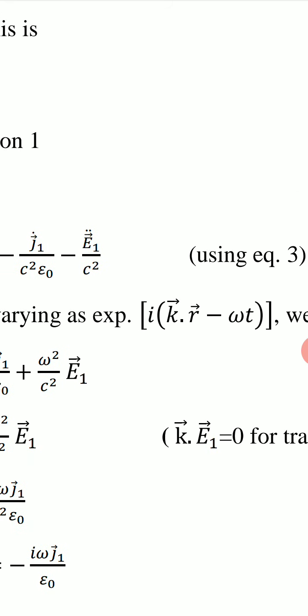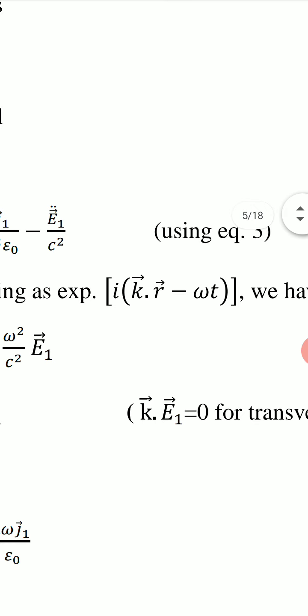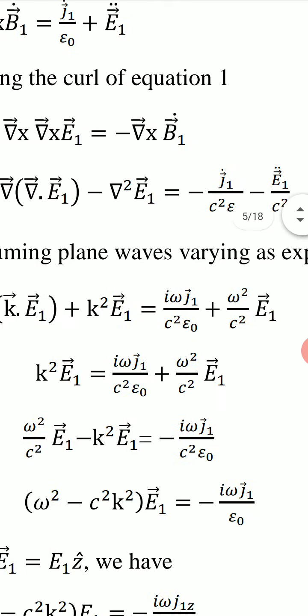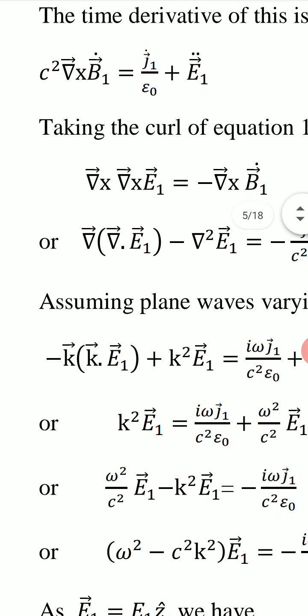If we differentiate with respect to t, then delta upon delta t will give minus i omega, because in the exponential with t we have minus i omega. So by using this plane wave solution, we have delta upon delta t as minus i omega and del vector as i k vector.